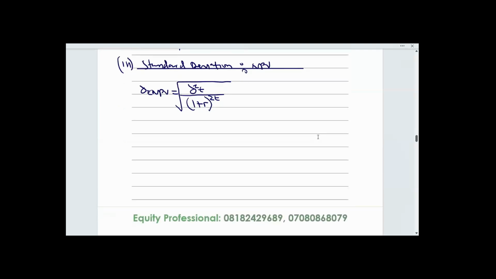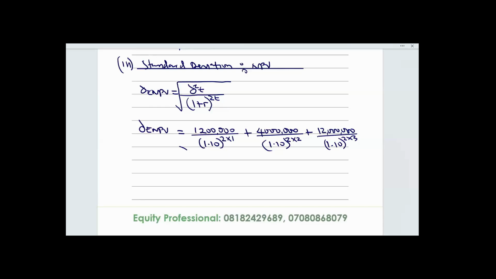So standard deviation of expected NPV equals variance of year 1, 1.2 million, divided by 1.10 raised to power 2 times year 1, plus 4 million divided by 1.10 raised to power 2 times year 2, plus 12 million over 1.10 raised to power 2 times year 3. Our cost of capital is 10%. Then you find the square root of everything.